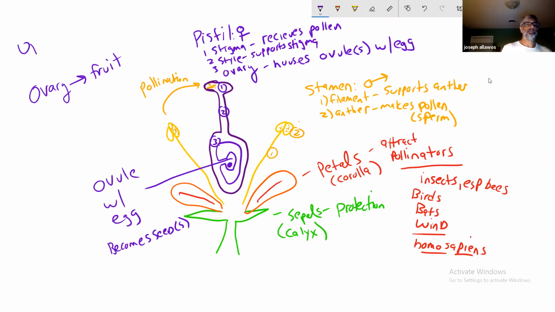We might have to put a disclaimer here and say upon fertilization. Now, you might be wondering how this happens. Upon fertilization, the ovary becomes the fruit, the ovule with the egg becomes the seed.